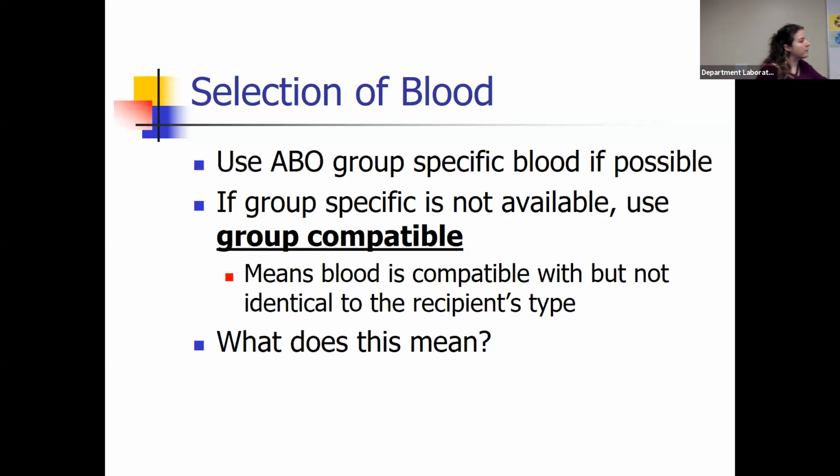It's still compatible. I want you guys to understand the terminology between type specific and compatible. Type specific means your patient's A negative, you're giving them A negative. Compatible means your patient's A negative, you're giving them O negative. That's the difference between type specific and compatible.